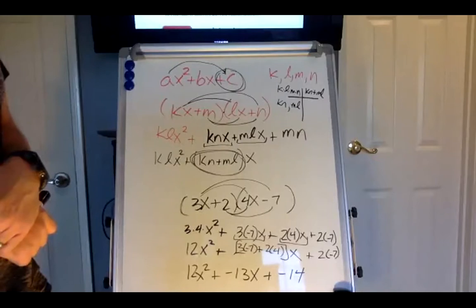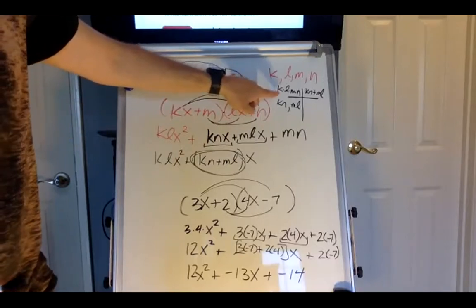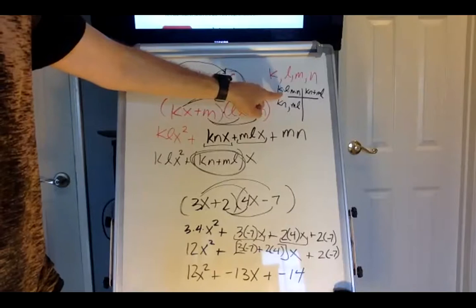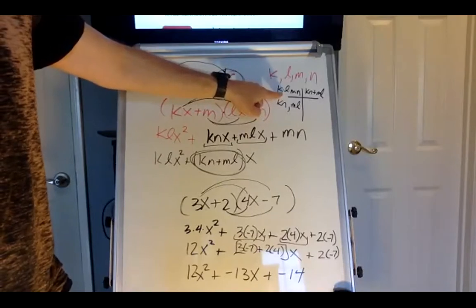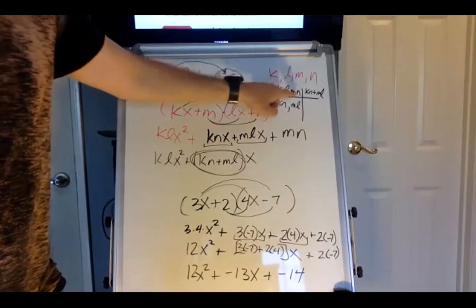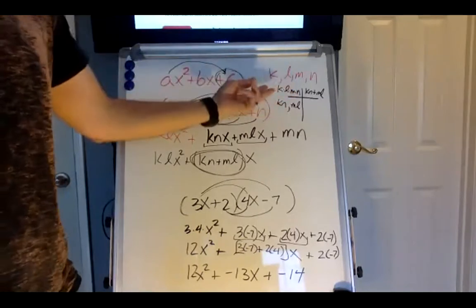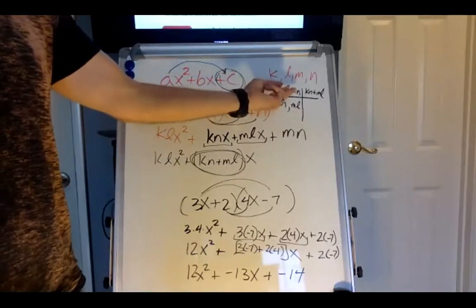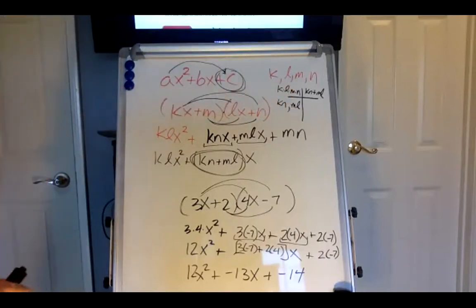Don't you need to do AC in order to factor? Yes, you need to do AC, but A is KL and C is MN. What is A? A is KL, right? Yes. C is MN, or they're factors. KL are factors of A. MN are factors of C. Okay?